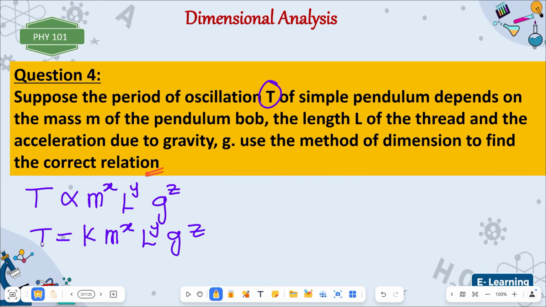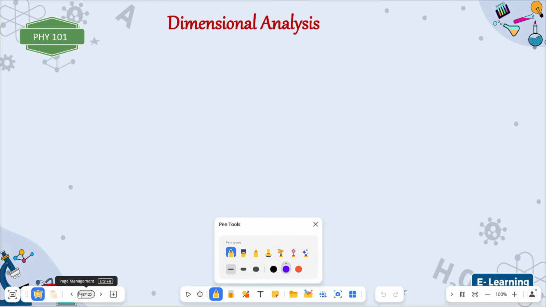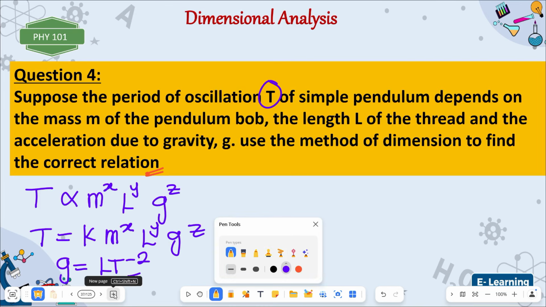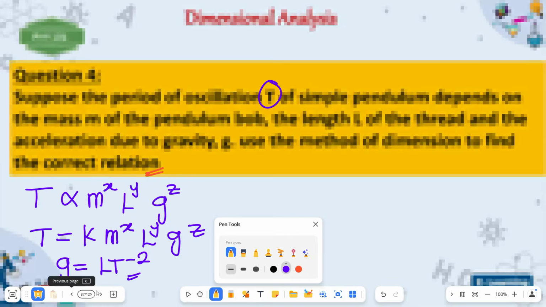Dimension for period is T. Dimension for mass is capital letter M. Dimension for L is capital letter L. Dimension for G is acceleration due to gravity, which is also acceleration. So the dimension is LT minus 2. So the only this one has a strange dimension, which is LT minus 2. All right?